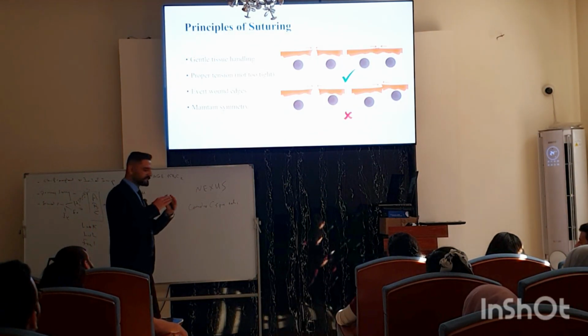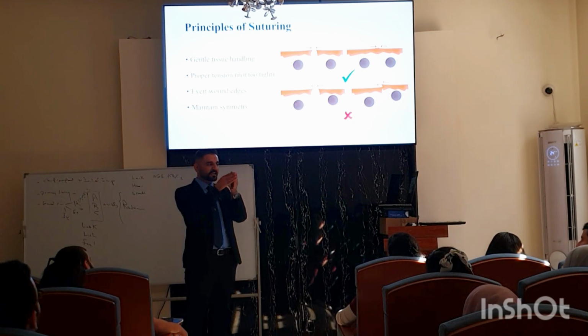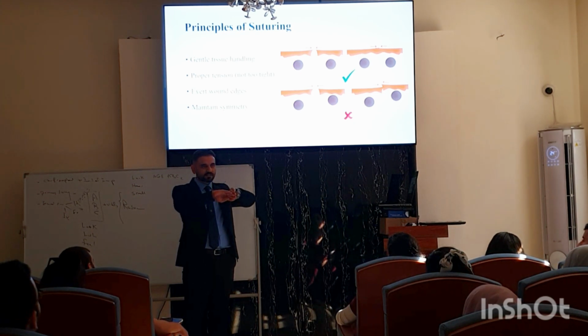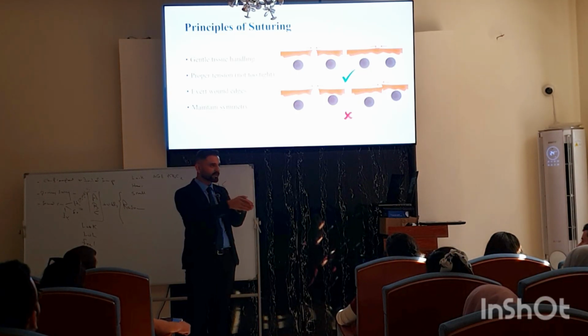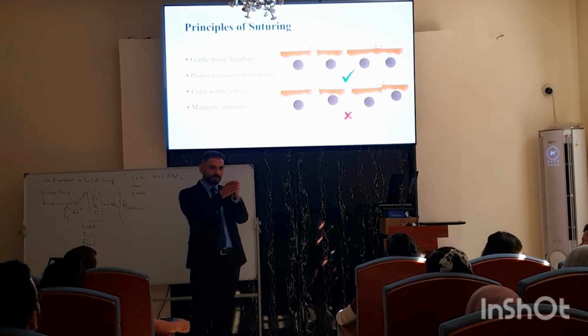Everted wound edge. When the tissue is sutured, it's better to have its edge going up rather than going down. When the tissue edge is going up, the epithelialization, when it's created, can cover the raw area kept between these two edges.